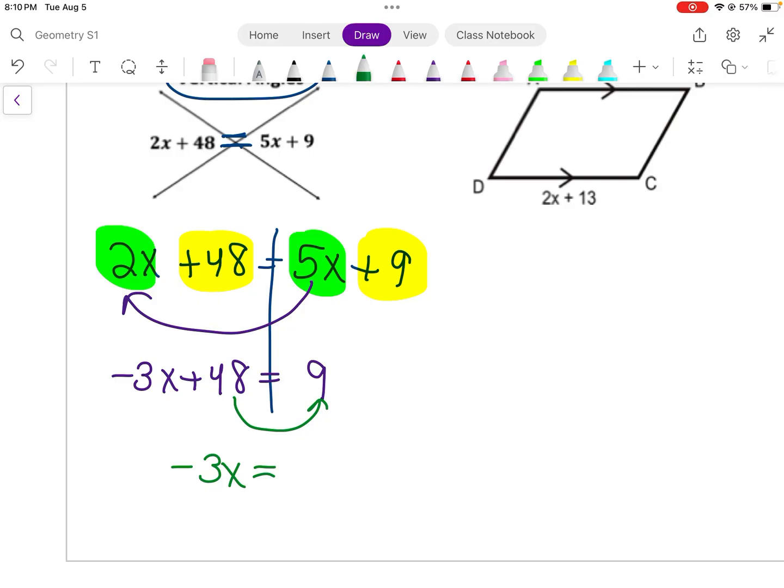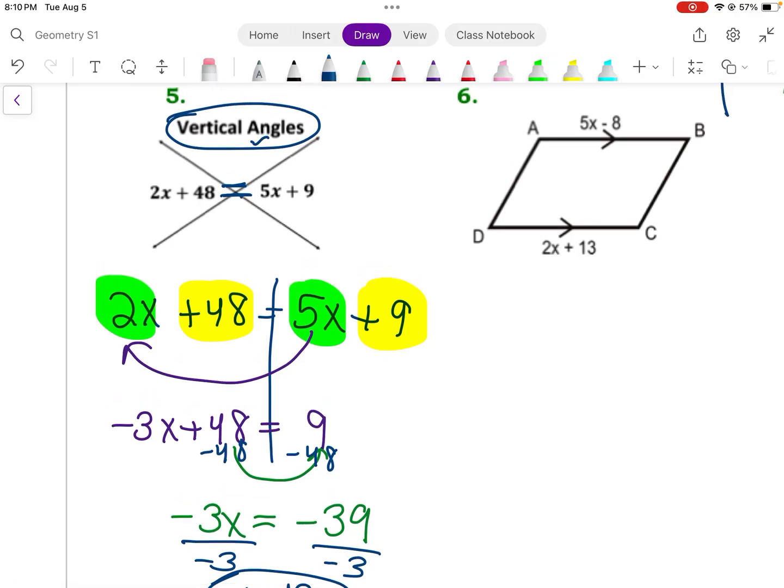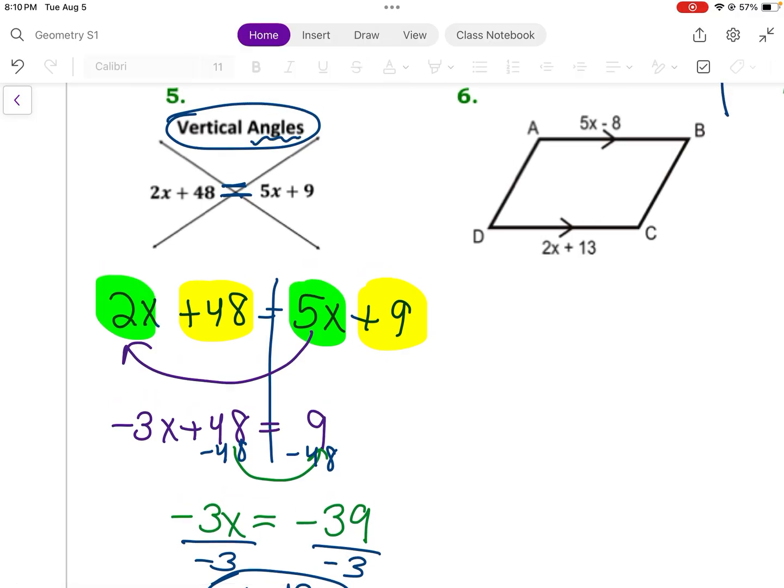So 9 minus 48 is -39. It's a negative because this is actually a -48. Okay, I'm going to divide -3 to both sides. When I have two negatives, I get a positive. So positive x equals 13 because these angles are equal, and we will teach you that.